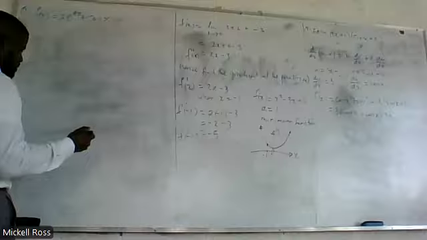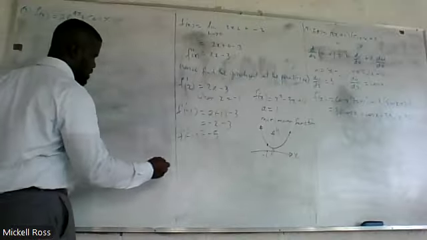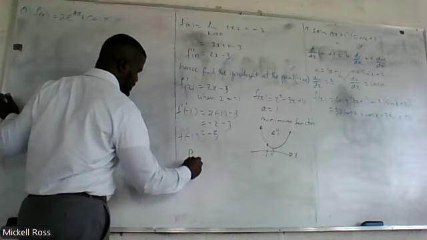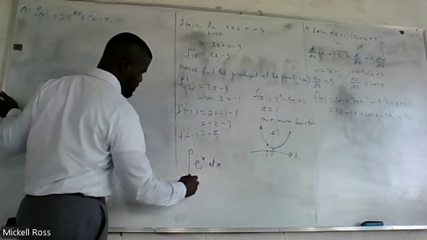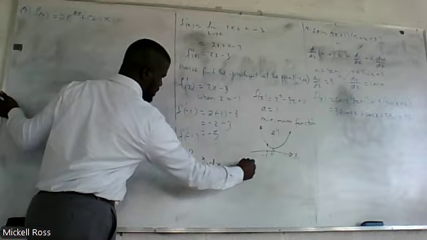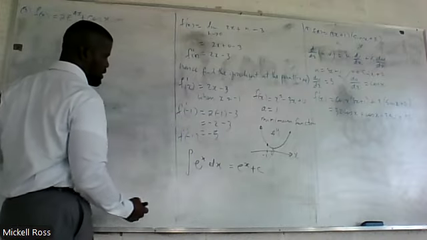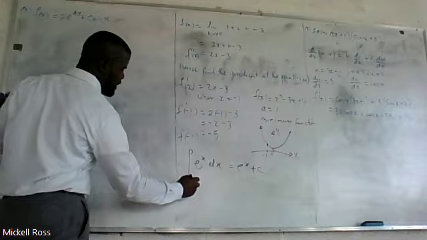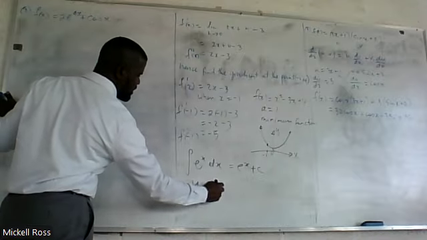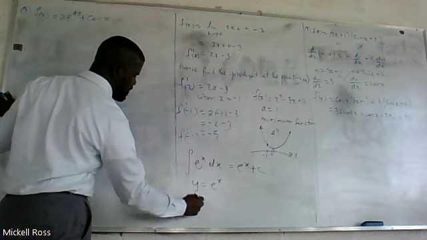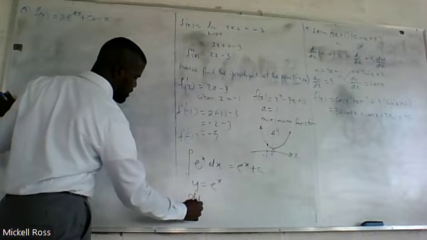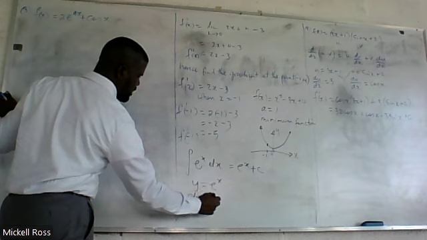All right. So when we integrate e to the x with respect to x, we get back e to the x plus c. If we have y equal to e to the x and we take the derivative of it, what do we end up with?